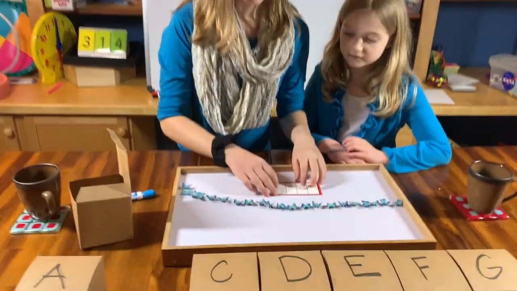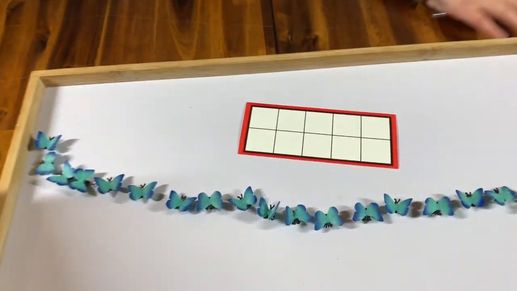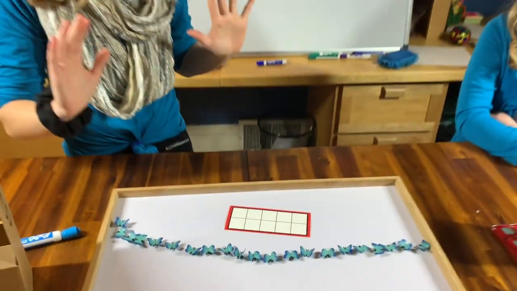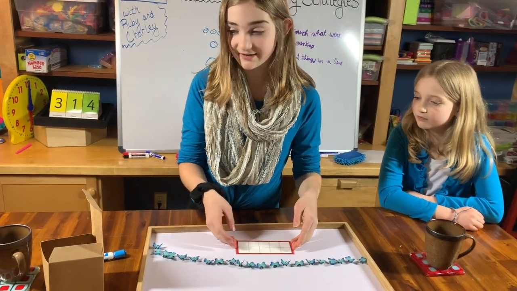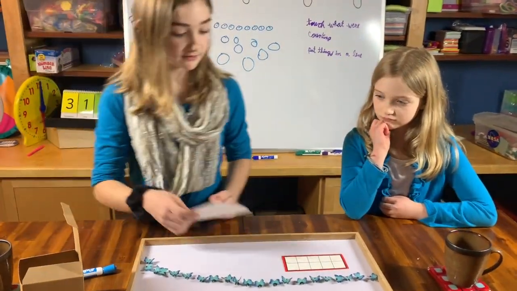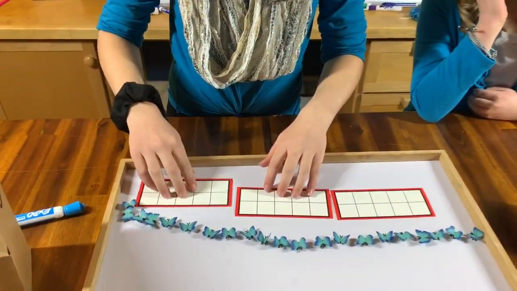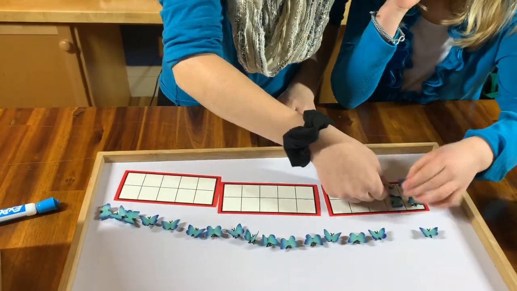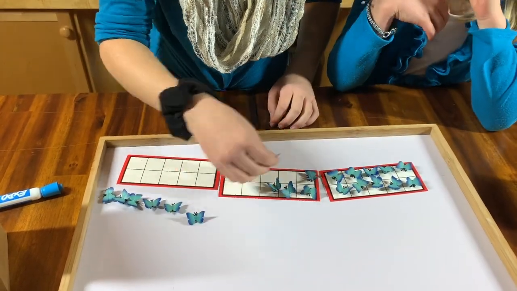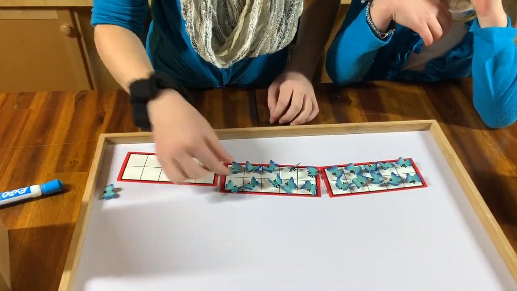These, if you have them, are very useful. Or you could draw them with paper. All you need to do is separate these into 10 squares. And then you can put the butterflies on the squares. Since they're called ten frames, you know that when you've filled one up, you've made 10.